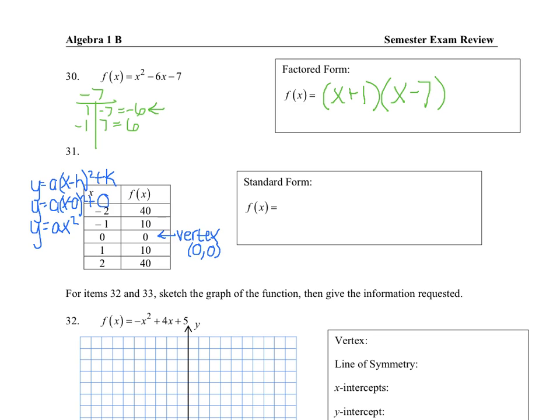I still need to figure out what a is, so I'm going to plug in a number. I'll plug in -1, 10. This means I'm going to have 10 equals a times -1 squared. Well, 10 equals a, and -1 squared is 1, so 1a, basically meaning that a equals 10. Therefore, my standard form is going to be f of x equals 10x squared.